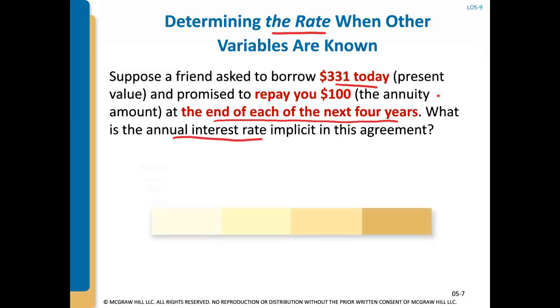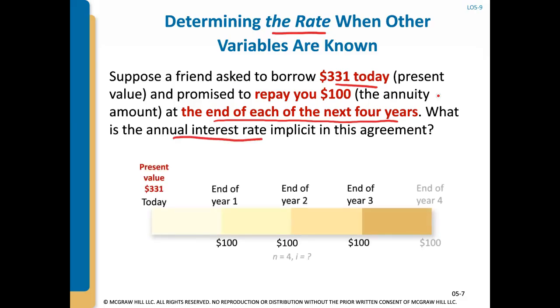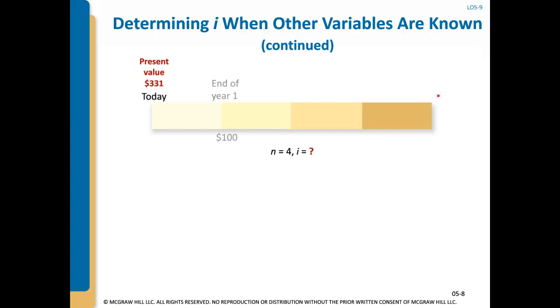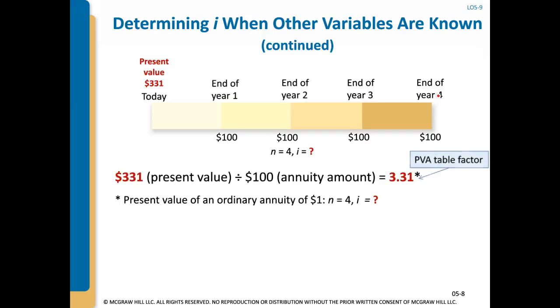So now we're looking for the interest rate. So here are our facts, right? We have a present value today of 331, 4 payments of $100 at the end of each year. So we know my number of periods is 4, and what's my interest rate?